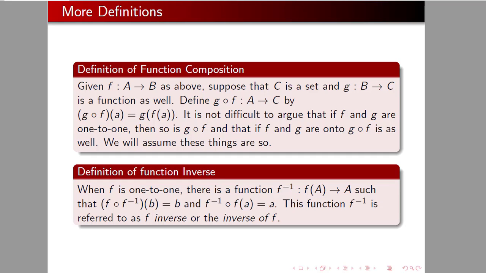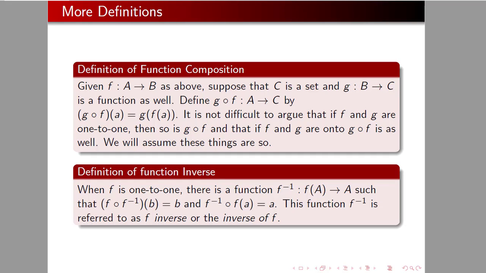When f is 1 to 1, there is a function f superscript -1. We'll read that f inverse, and the superscript is just notational, to help us remember some things.